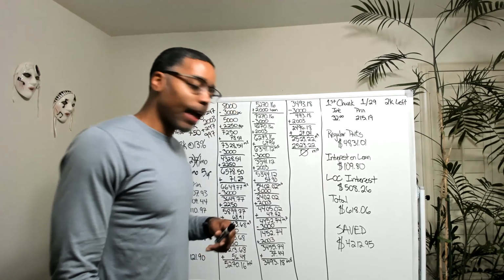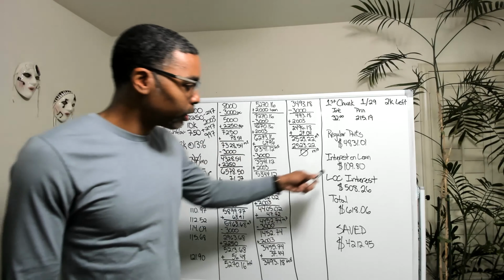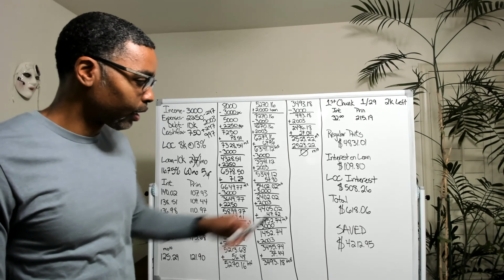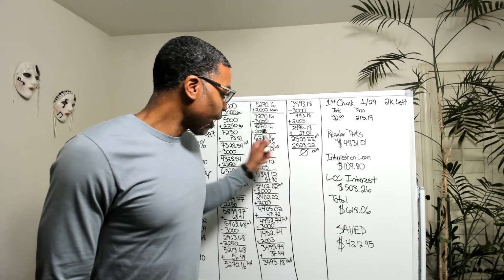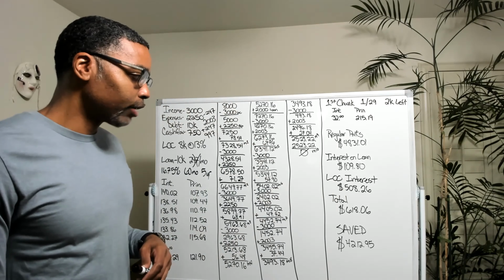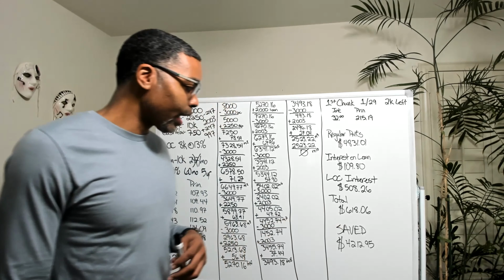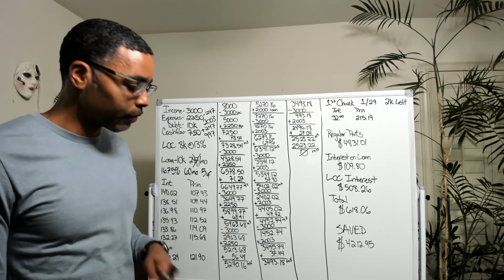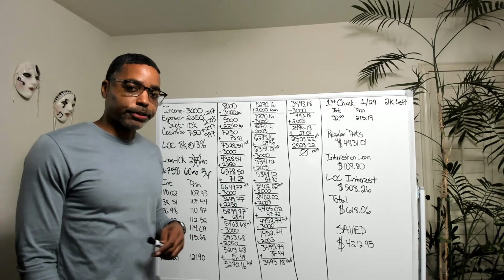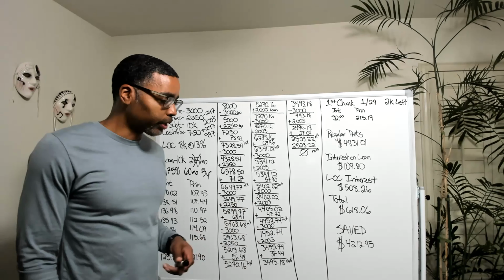The interest that we actually paid on the loan, doing what us Velocity Bankers do, we only paid $109.80. That's it. The interest on the line of credit doing all of this, $508.26, for a total of $618.06. We saved over $4,000. That's what you save.